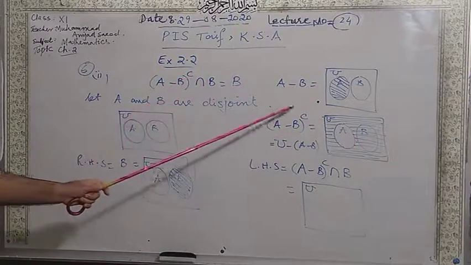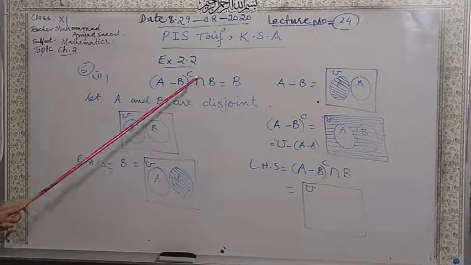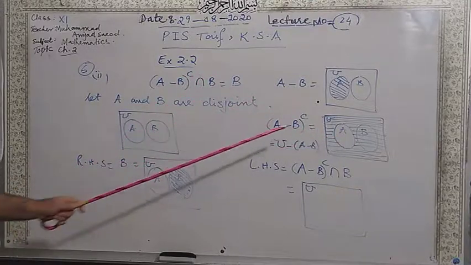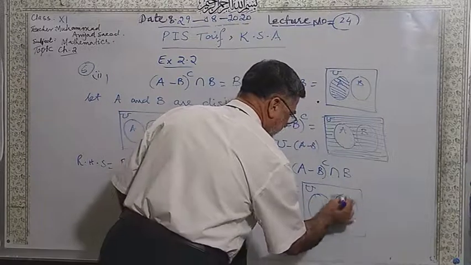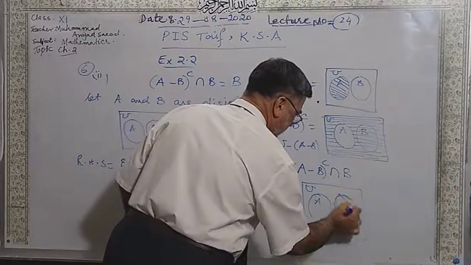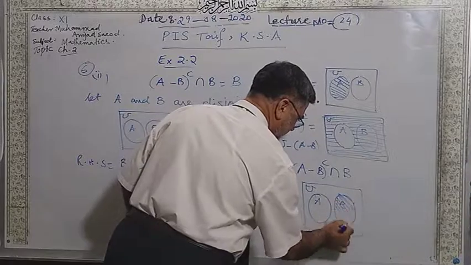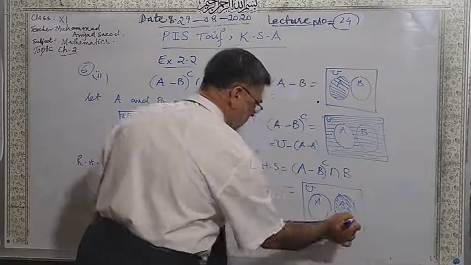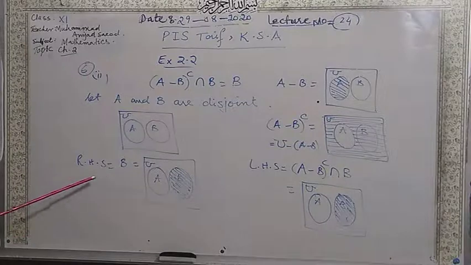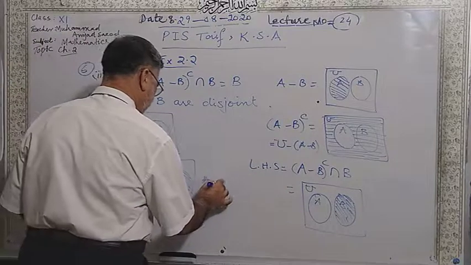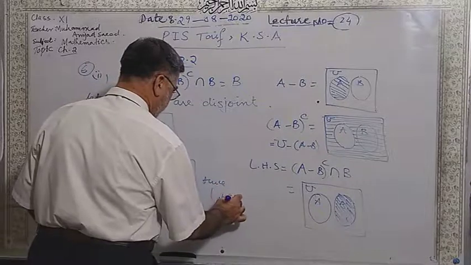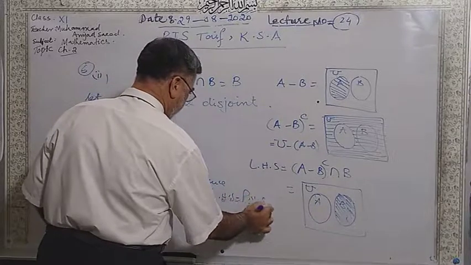You can easily understand the common in both is B. And that was your right hand side, and this is your left hand side. So both answers are the same. Hence, left hand side is equal to the right hand side.